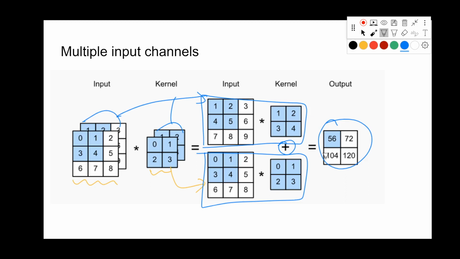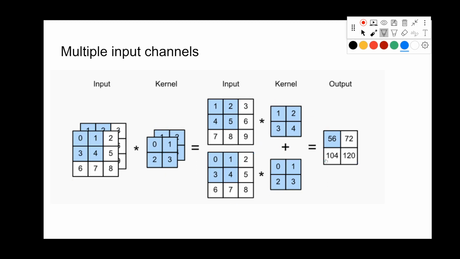Okay, so this is the first misunderstanding some people might have. Some people might assume that we will produce two output channels since we have two sets of filters here. But actually, we add them together to produce a single output.